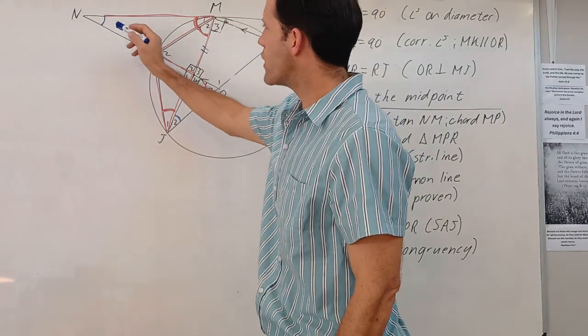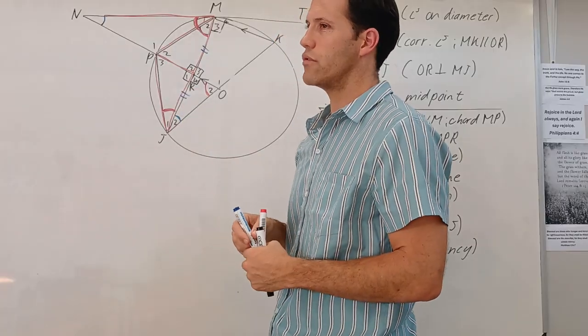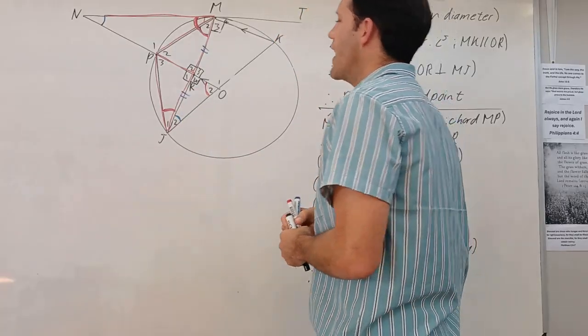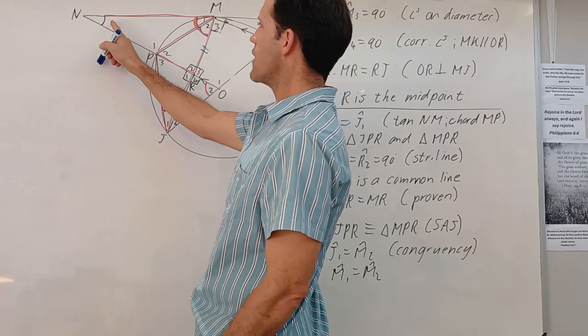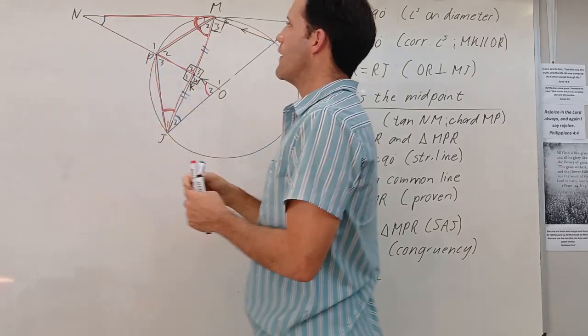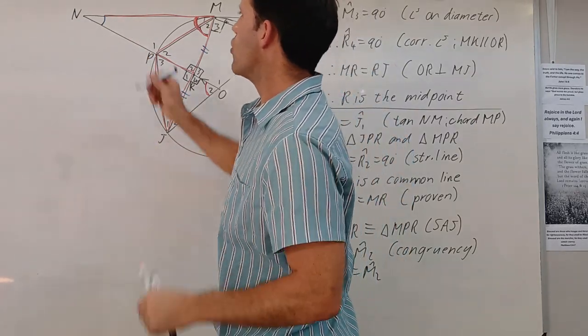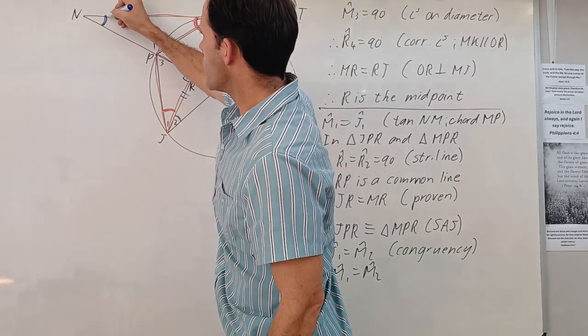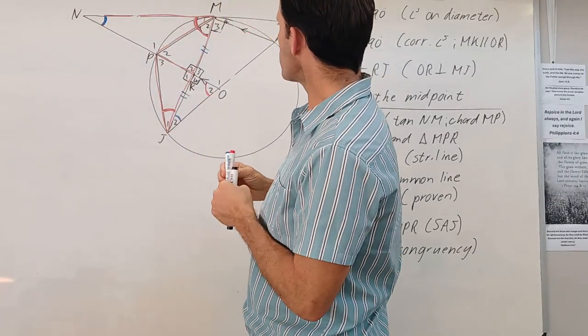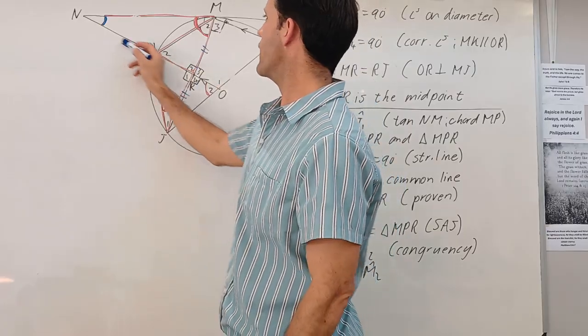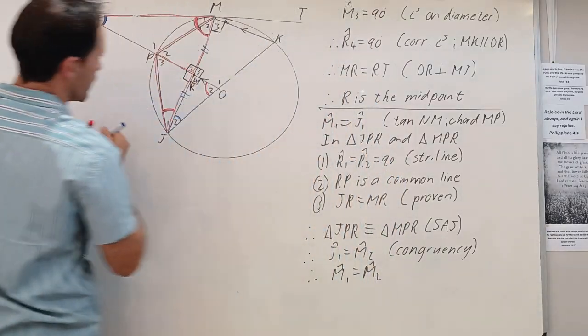Okay, so we're going to try to prove that N is equal to J2. So you're going to think now, how can I show this angle N? So let's look at N. What is N equal to? If you think about it, there's the parallel line. Look at the parallel lines.